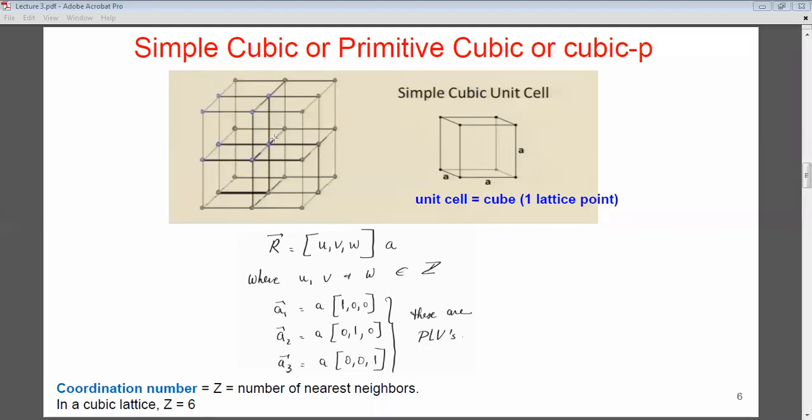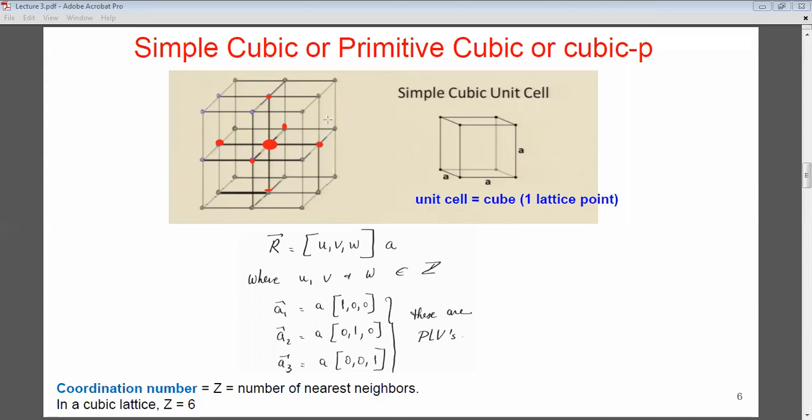Let's draw a sphere on top of it just to see it clearly. Okay, how many nearest neighbors does this point have? It has 1, 2, 3, 4, 5, and 6. These are the nearest neighbors.